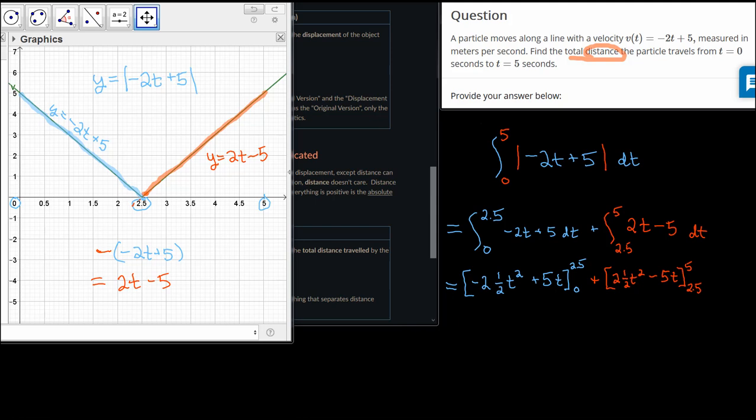And now you just plug in the numbers. Well, maybe I'll simplify it a little bit more before I plug in the numbers. But I don't think I'm going to plug in the numbers. If I simplify this a little bit, negative 2 times 1/2 makes negative 1. So that's negative t squared plus 5t, and that gets evaluated from 0 to 2.5.